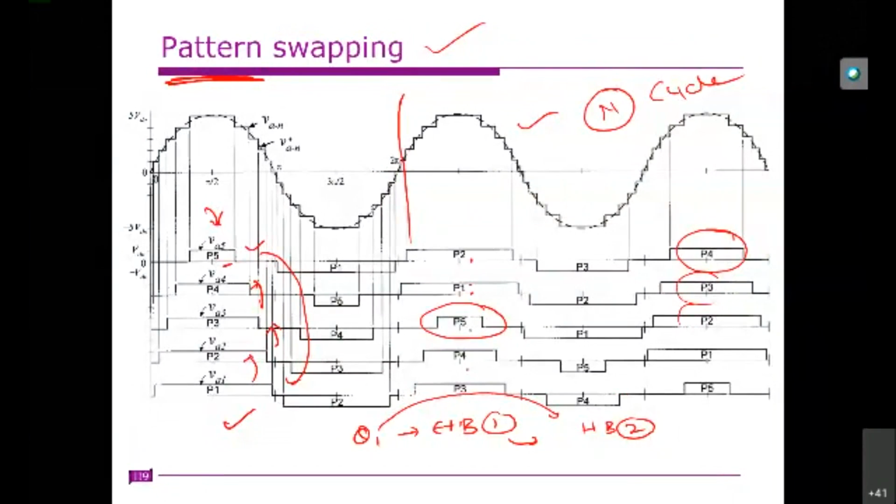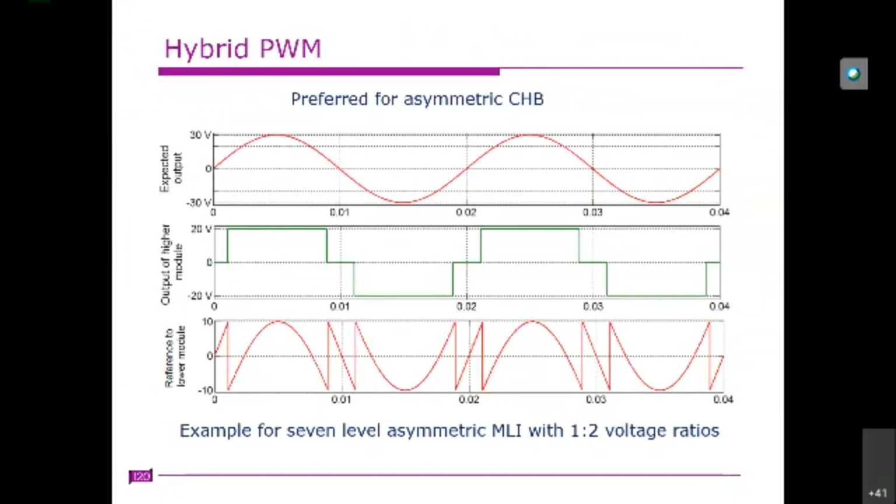Next we will discuss hybrid PWM. This hybrid PWM is used to control the asymmetrical CHB, and it is preferred for asymmetrical CHB.